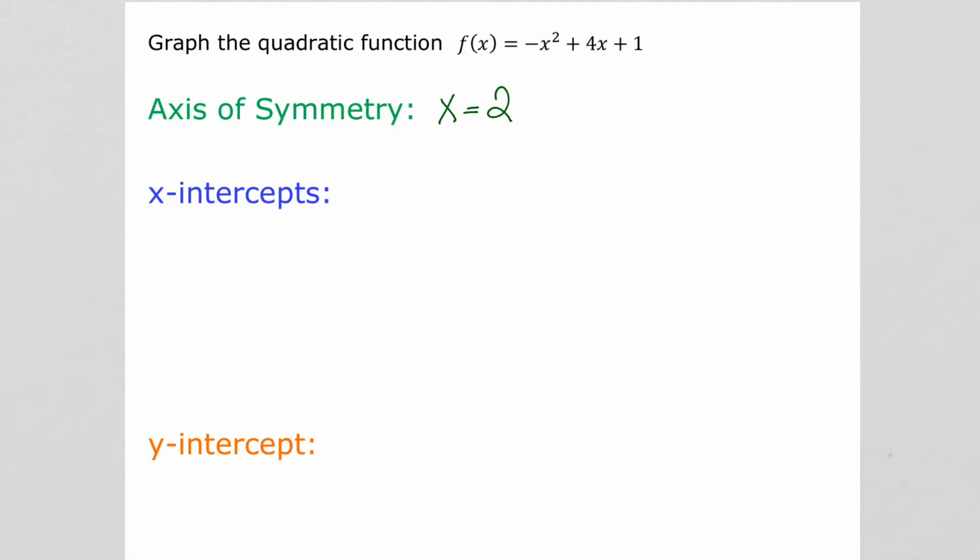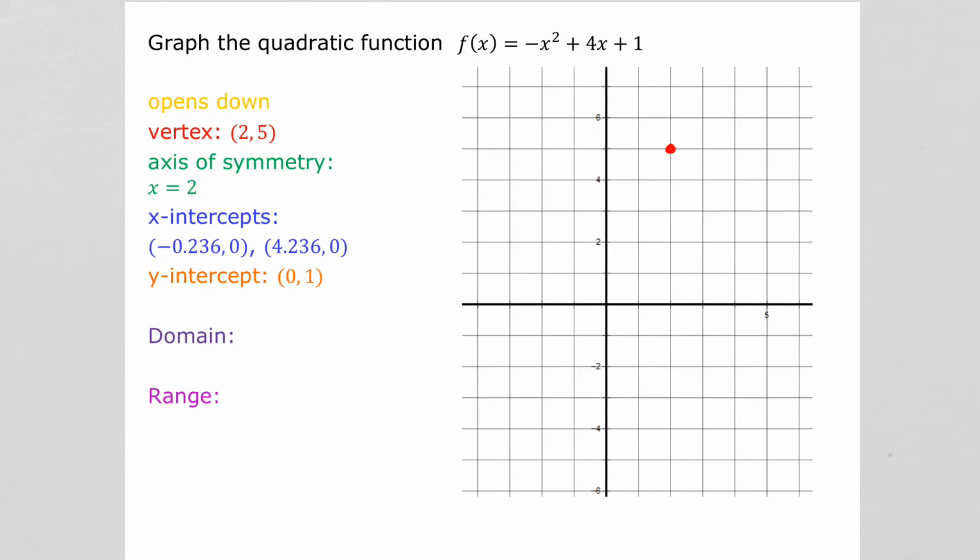And do remember that the axis of symmetry is a vertical line, so you must write it as x equals 2 in order for it to represent a line. And I'm going to come over here and just graph a dashed line there for our axis of symmetry.